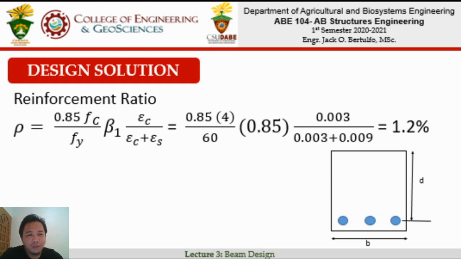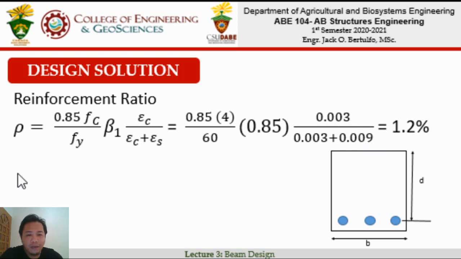I will not include that in my exam, but just read the attached reading material for it. So 0.003 for concrete, then 0.009 for steel.